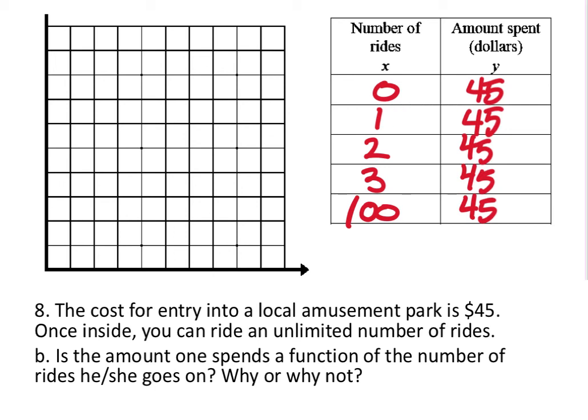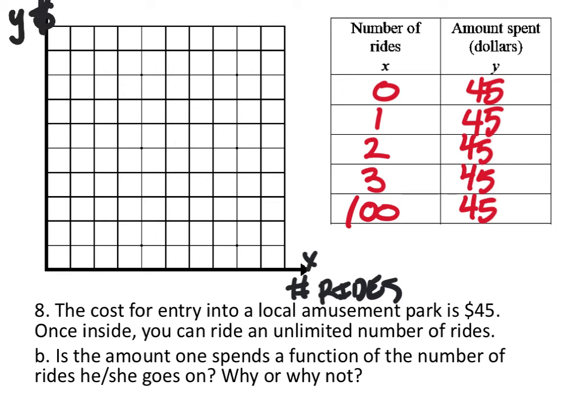Now we're going to label the axes because we want to see what this graph looks like. And the x-axis here, that's going to be number of rides. And then the y-axis up here at the top, that's going to be dollars spent.